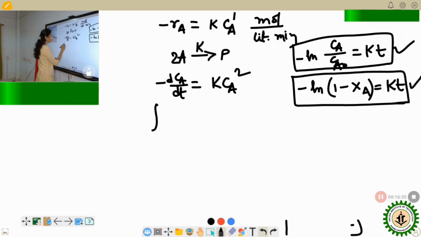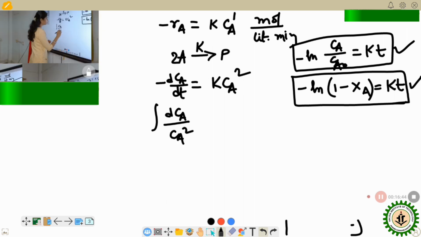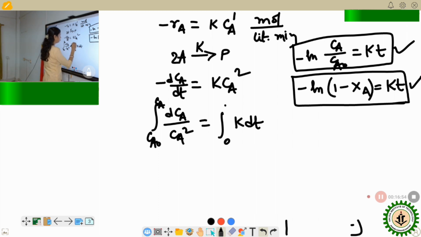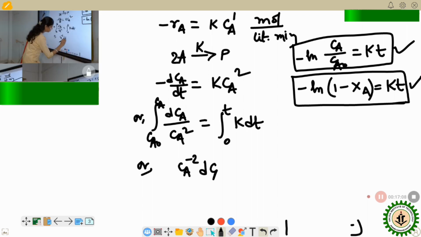Same way we'll do dCa by Ca square, Ca0 to Ca, equals K, 0 to t. Now the integration of this, already you have done this in your 12th class. That is, I can write Ca to the power minus 2 dCa.